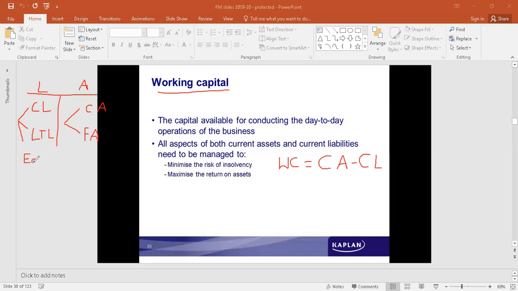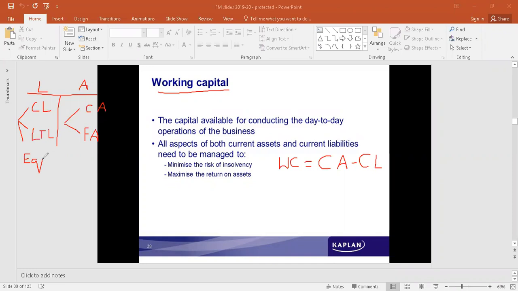So what are current assets, what are current liabilities? Let's first understand. Those assets that can be converted into cash in a period of 1 year or operating cycle, whichever is longer. What an operating cycle is, I will also explain to you.